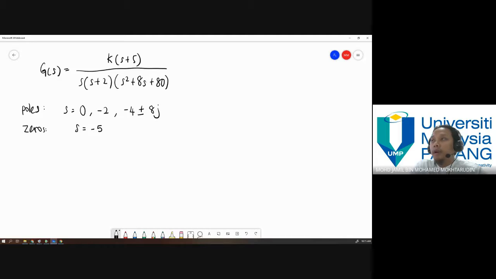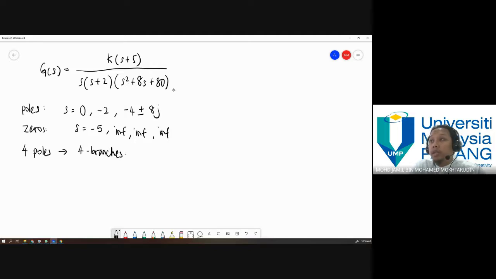So we have 4 poles, meaning that there are 4 branches for the root locus. And because we only have 1 zero and 4 poles, we need to add 3 more zeros at infinity. So we know that the root locus will have 4 branches.